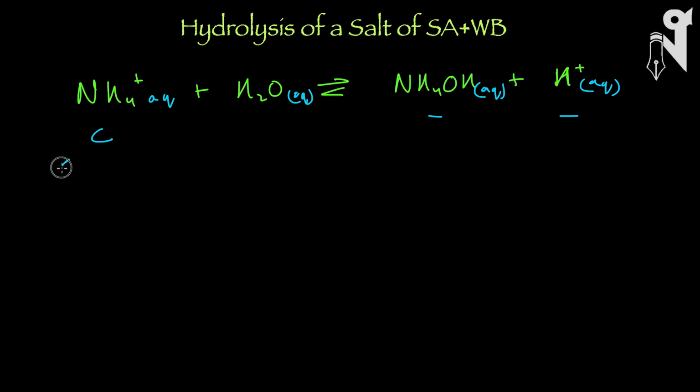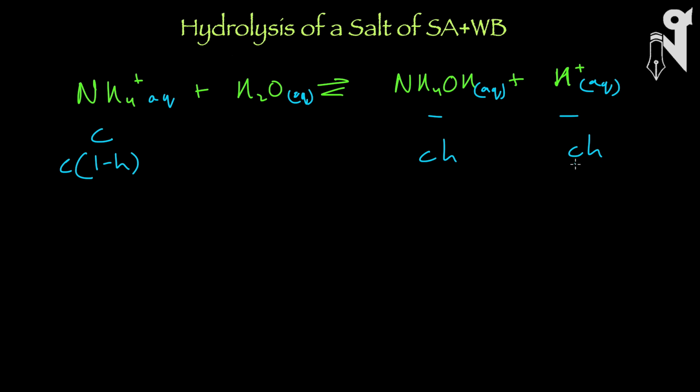After a while, the degree of hydrolysis is H. So CH amount of it has combined with the OH minus and formed NH4OH, and this is CH and this is CH.